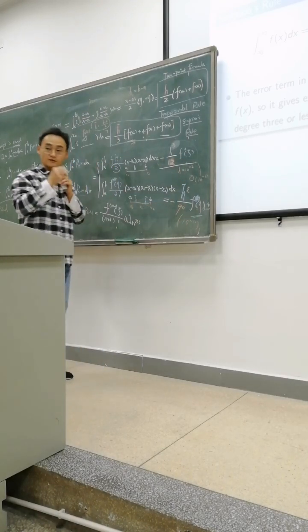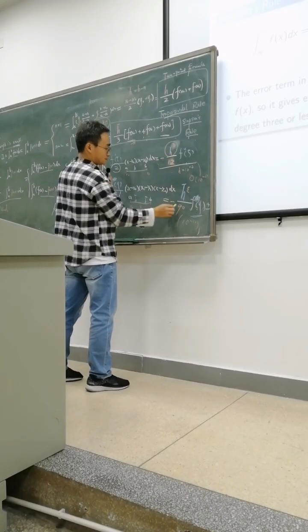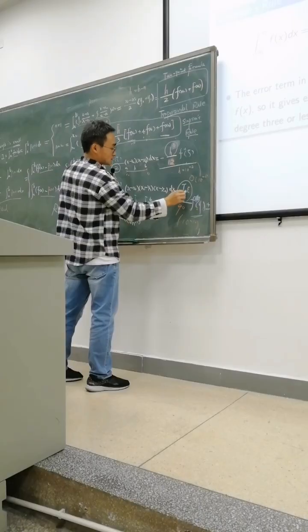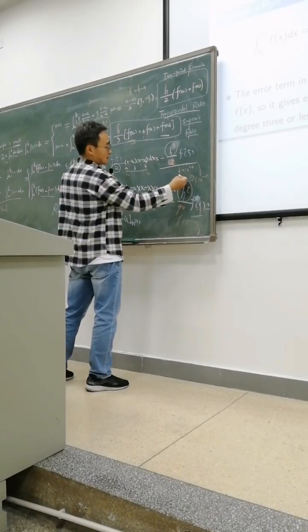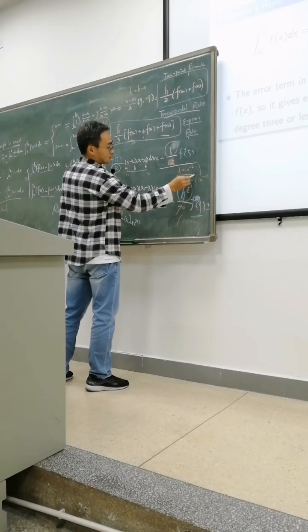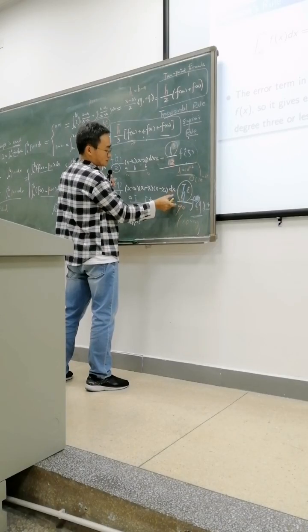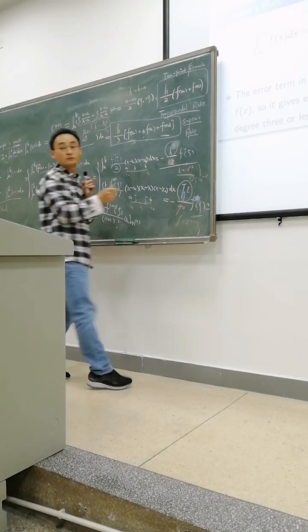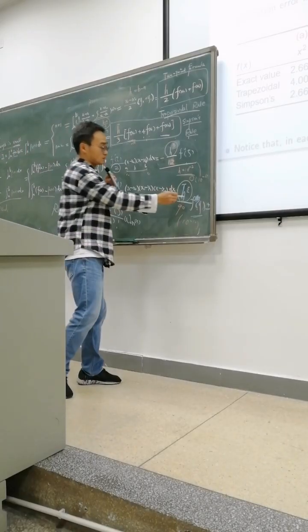All of the constants have very small influence, but the main influence is this term. Here is 3, here is 5. So if the interval size is very small, smaller than 1, the residue term is very, very small. This is why Simpson's rule seems more accurate than the trapezoid rule, because the residue is very small.